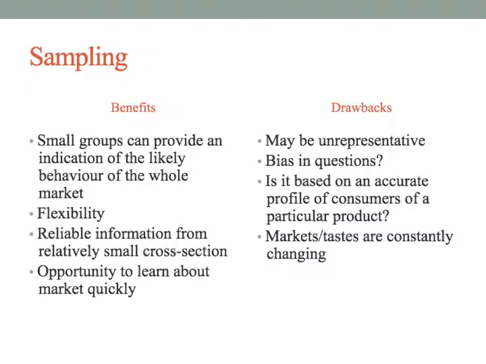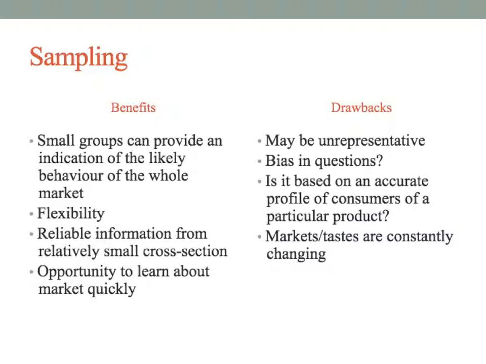So there are some overall benefits and drawbacks, no matter which method you use, random sampling or quota sampling. You could draw a conclusion that says whole groups can indicate the whole market. So if you just chose 10 people and multiplied that by X amounts, that would be the behaviour of the X amounts. There's flexibility in there. It's much more likely that you can adapt the gathering of the data as things go on.